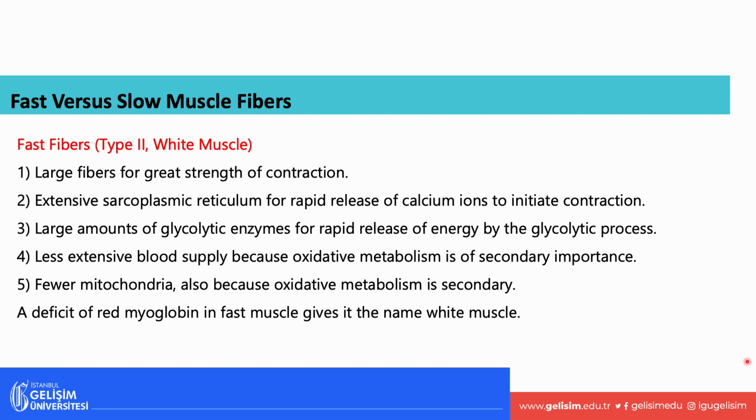These fibers have a less extensive blood supply and fewer mitochondria, as oxidative metabolism is of secondary importance for them. They also don't have as much myoglobin. There's a deficiency of myoglobin, and this is what gives them this white appearance.